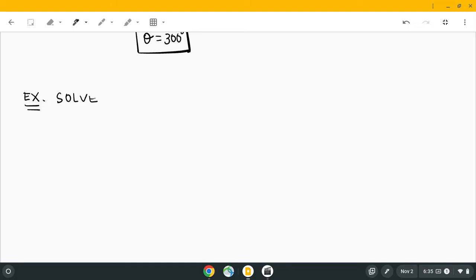Okay, so let's go ahead and solve this one: cosine squared x plus 4 sine x equals 5, if x is between 0 and 2 pi.